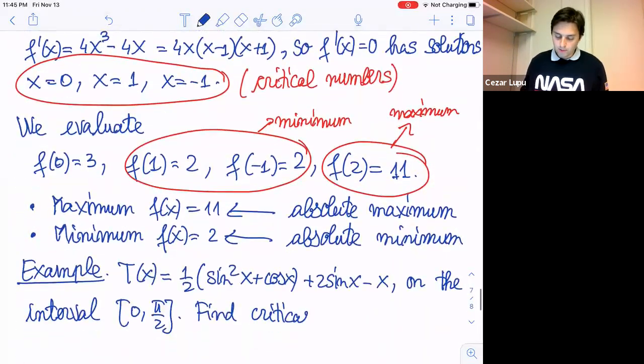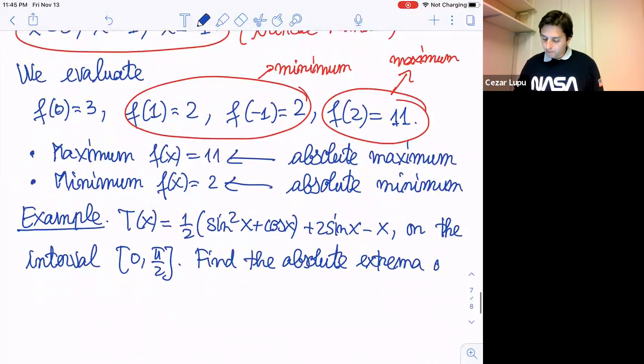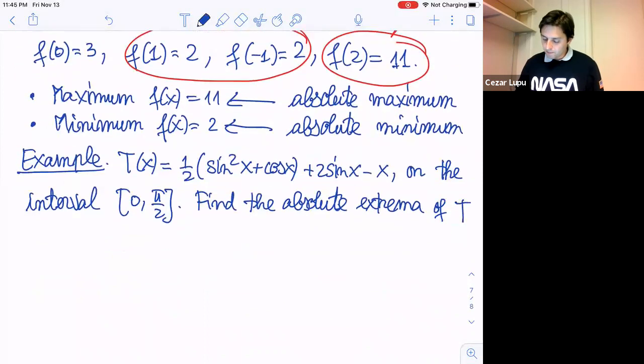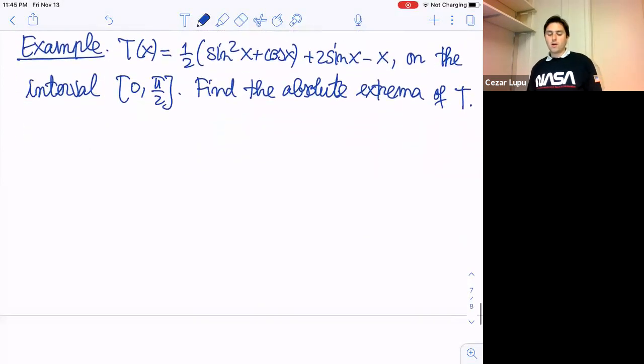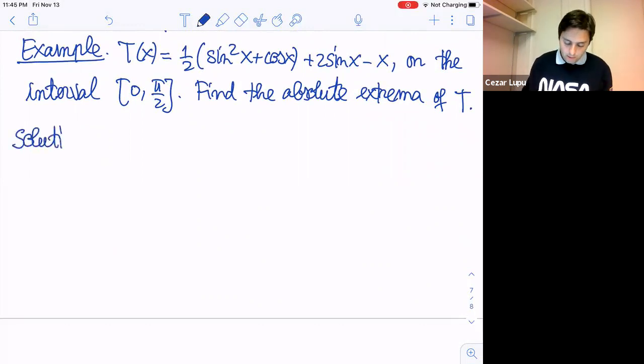The absolute extrema, sorry. Find the absolute extrema of the function t of x. Well, again, the same thing. We would like to compute the derivative.